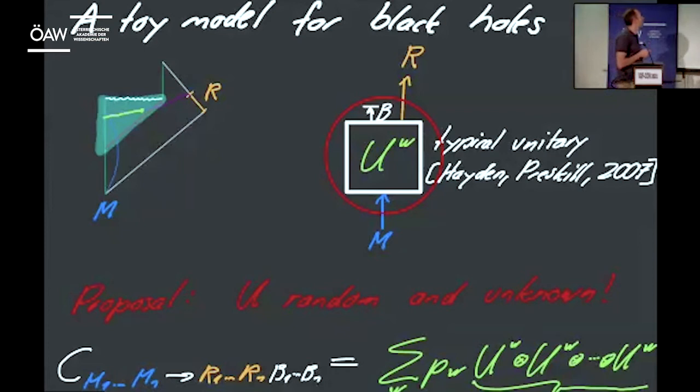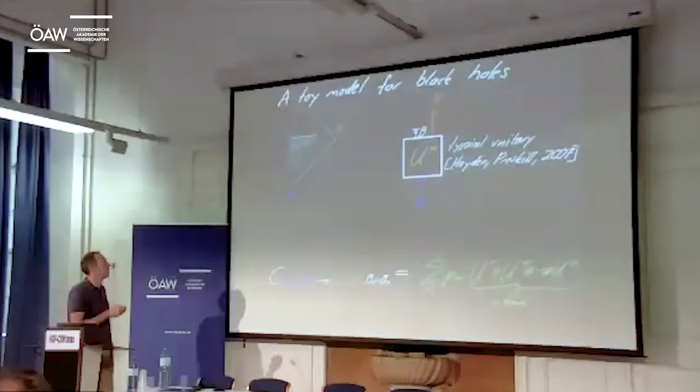The toy model is the following. Both of them know quantum information very well. So what they said is basically, let's just model the black hole as a typical unitary, a unitary that you have chosen from a Haar-distributed set over all unitaries. And then you trace out some part that remains inside and consider the radiation as just some other part of the outcome.